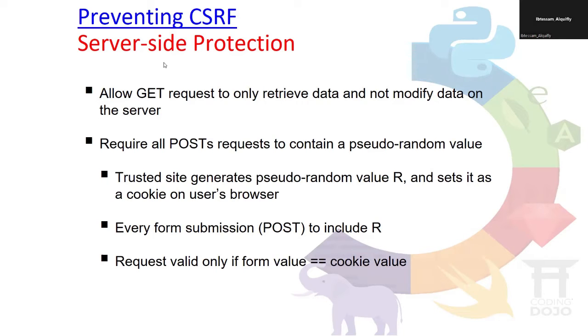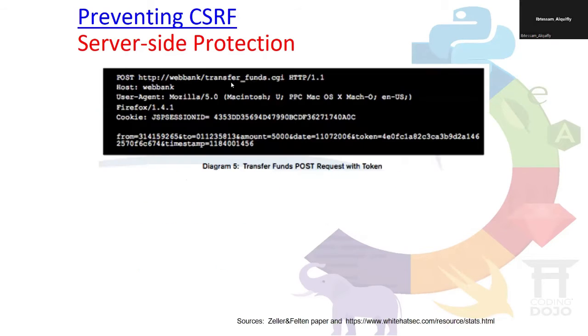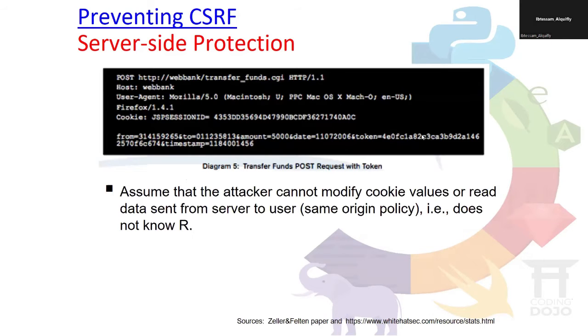This is also another way to do server side protection, and here is how it works. They take the cookie number and add it as a token in this session. Assume the attacker cannot modify the cookie values.